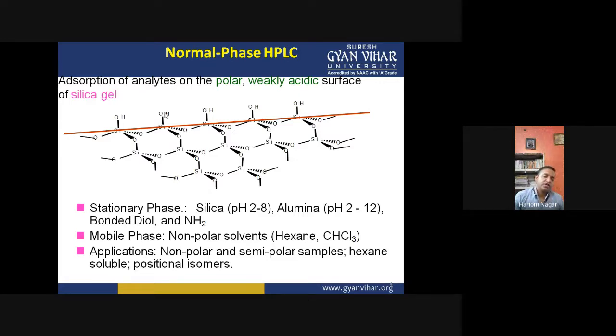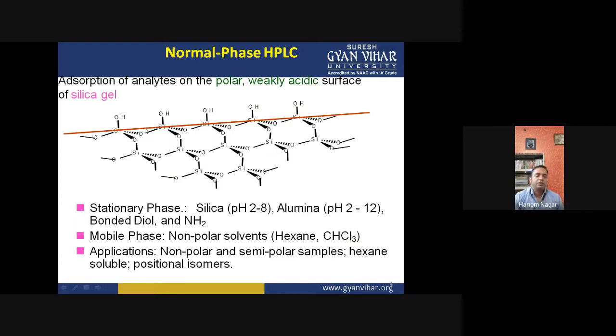So compounds which have somewhat basic properties, or contain groups like NH2, or carbonyl groups, aldehyde groups, ketonic groups, nitriles, can easily interact with this hydroxy group and adsorb at this surface. If they adsorb at the surface, then there will be a distribution of the analyte between the stationary phase and mobile phase.